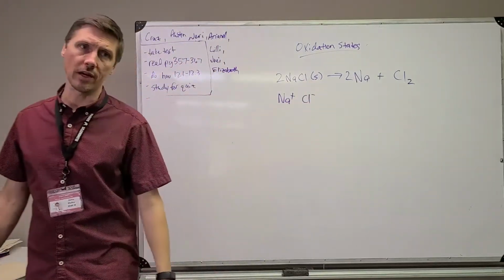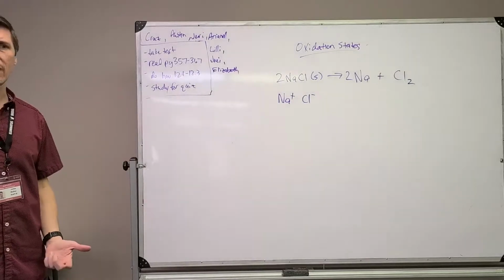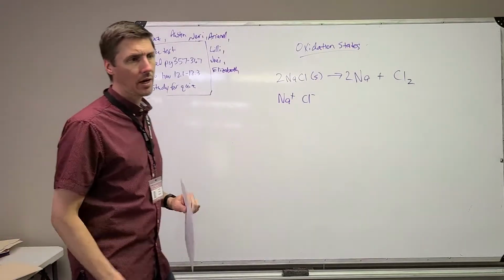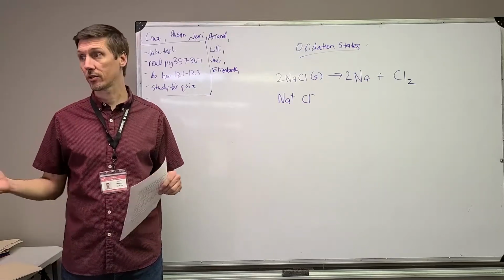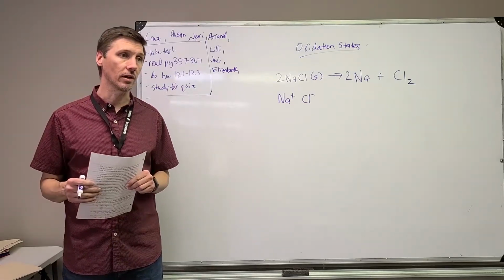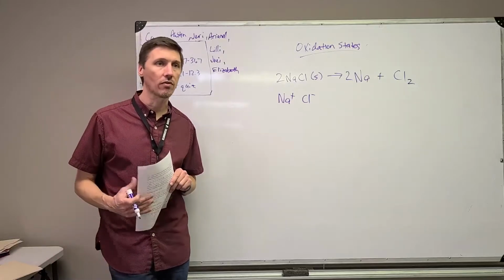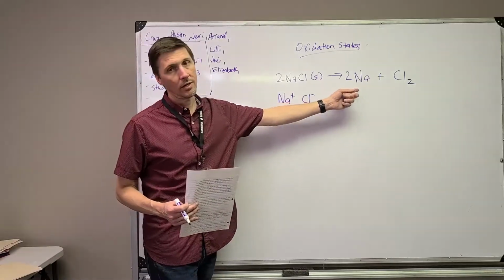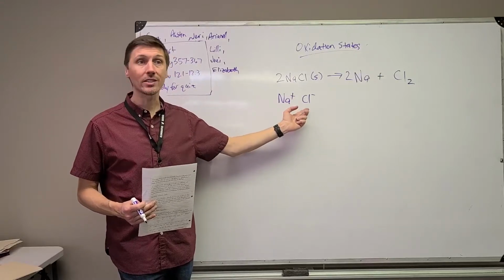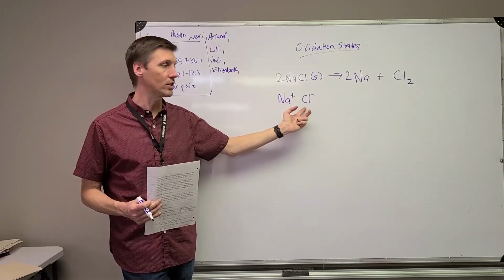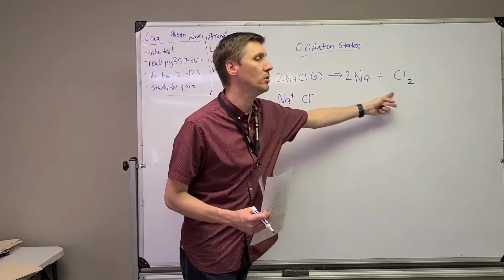Why does the Na not still have a positive charge? If it's got a positive charge, what does that mean? It's missing an electron. It's lost an electron, right? So where's it going to get that electron from so that it's not positively charged over here? Well, it got it from the Cl, because the Cl has an extra electron. It's negatively charged. So that's what happens as it moves over here.